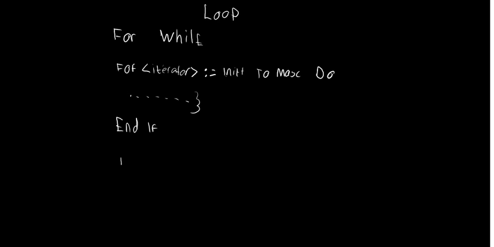Say we have for, then our iterator I is equal to, let's say we start at 0 to 5, do. Then we have our end for. So what happens is this code will run with I taking the values 0, 1, 2 through each iteration.